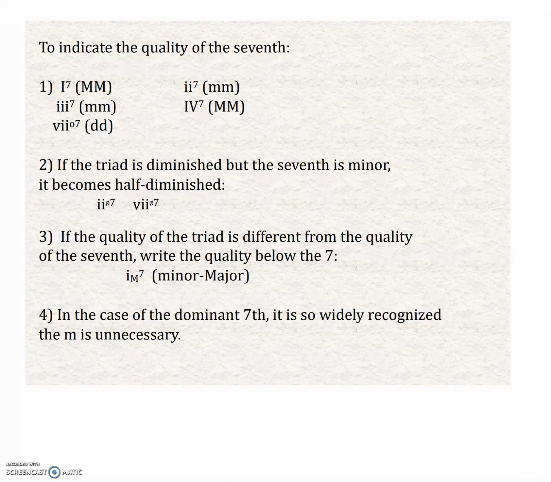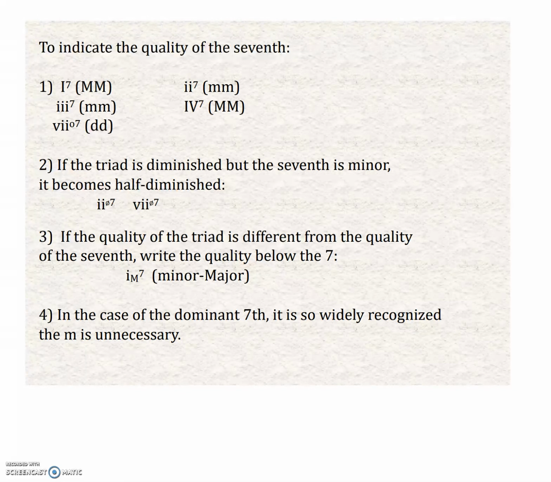While it doesn't happen very often, you probably might only see it in popular music like lead sheets. Occasionally, you might even see the quality of the chord listed next to the chord, like 1-7, major, 3-7, minor, 7-7, diminished, and so on and so forth.